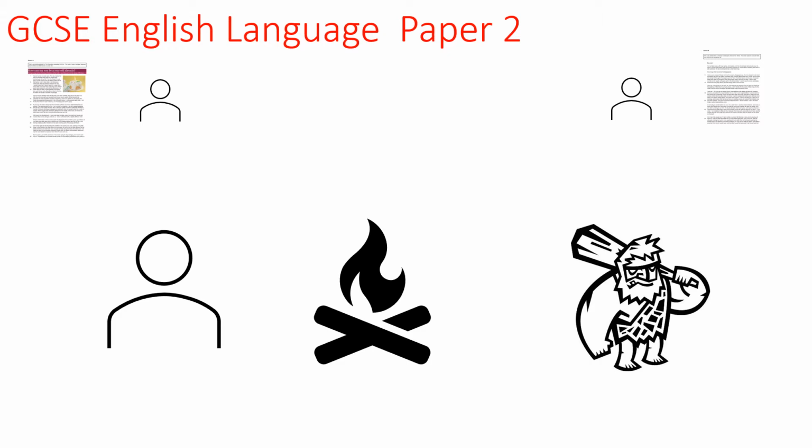So you can see that two people can have different perspectives and a different attitude towards fire. That's what this paper is about: looking at a topic and seeing how a person has a different perspective, and what that different perspective is.